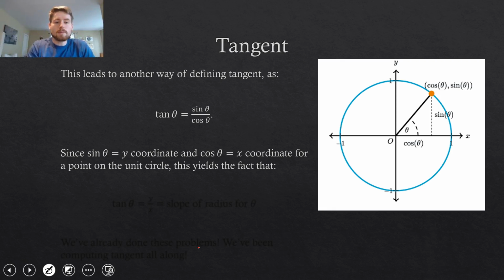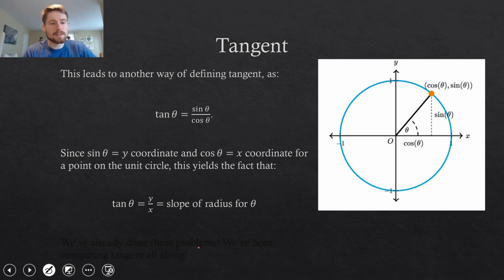And so something else falls out of this fact. Since sine is the y-coordinate and cosine is the x-coordinate, then that tells us that the tangent is y divided by x, where y and x are the two coordinates for that point on the unit circle. And we already know what this is.